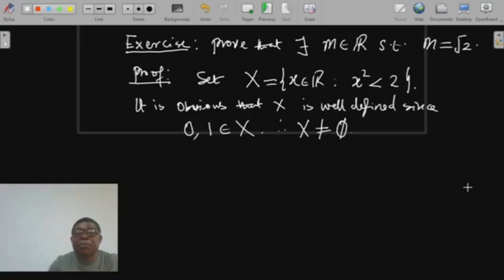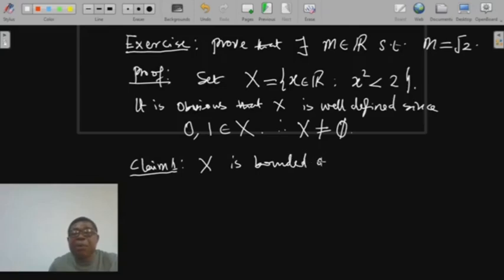Next, I will claim, let me call this claim 1, that X is bounded above by 2.